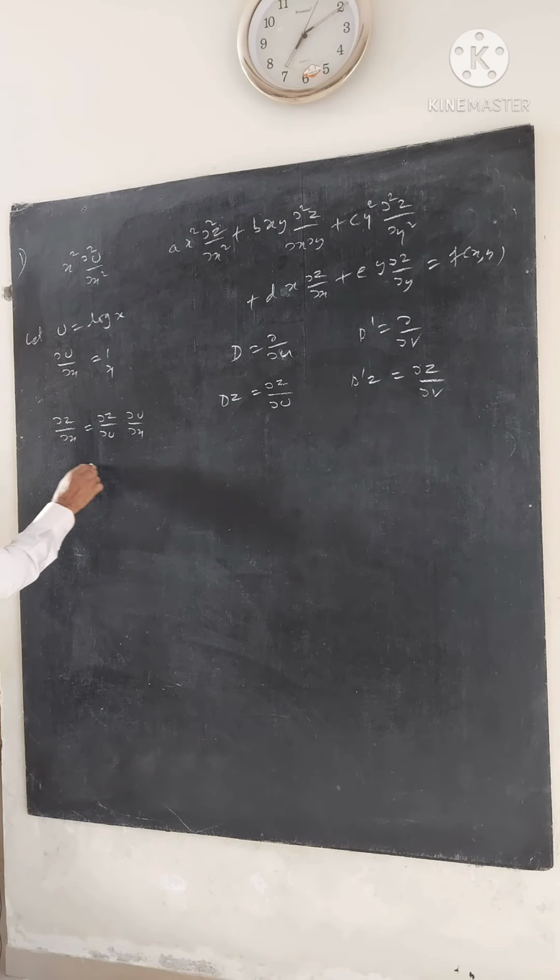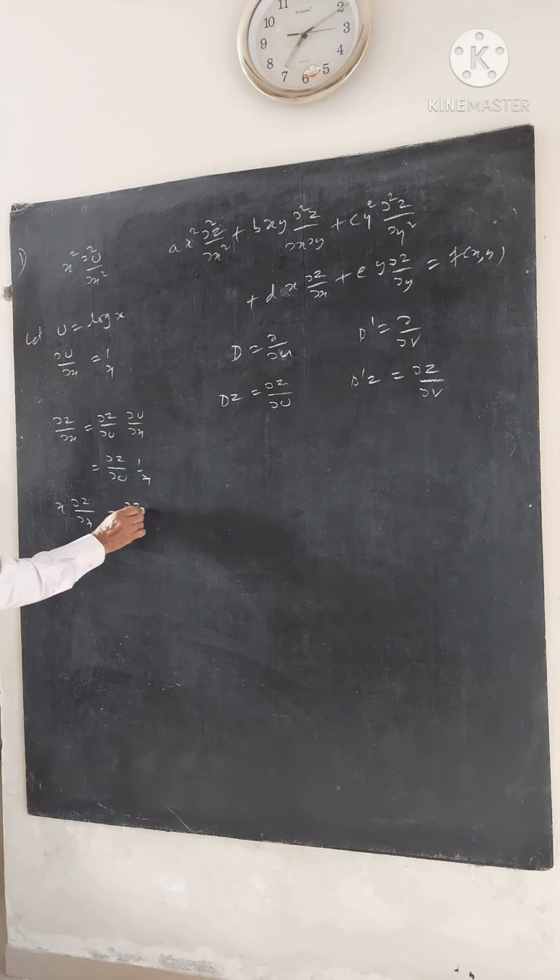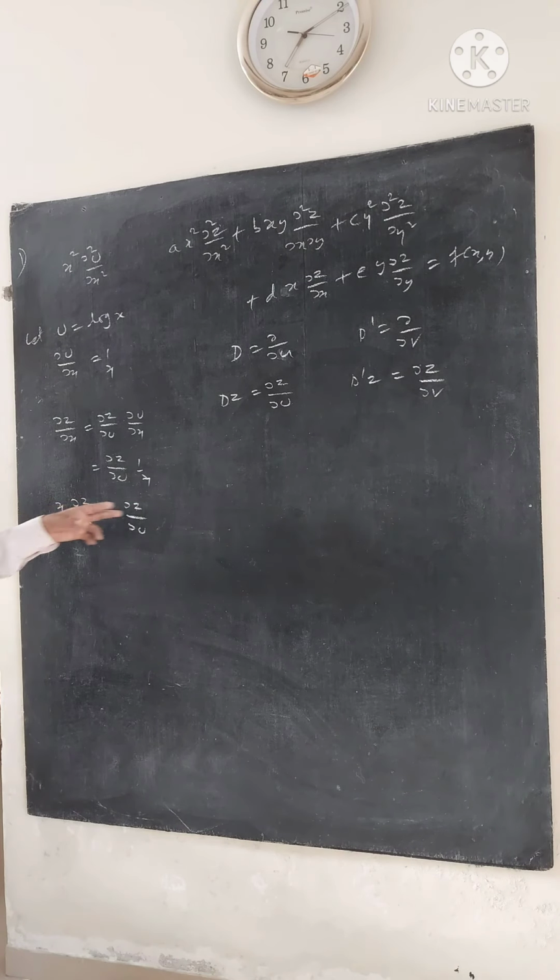Just we have seen ∂z/∂u, and ∂u/∂x is 1/x, so x ∂z/∂x equals ∂z/∂u, as in the previous steps.